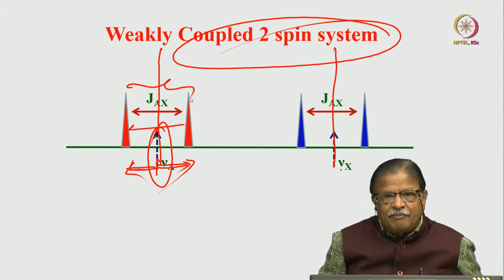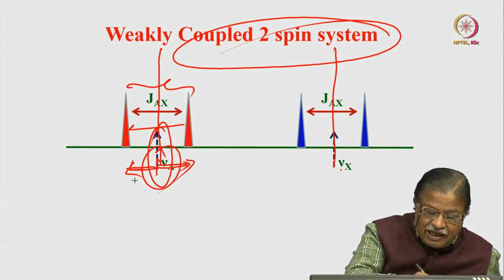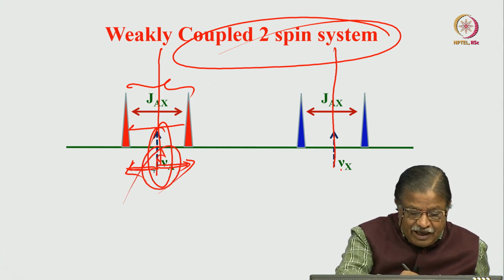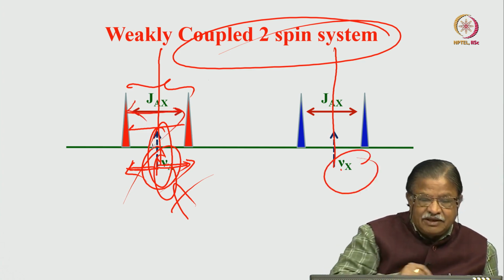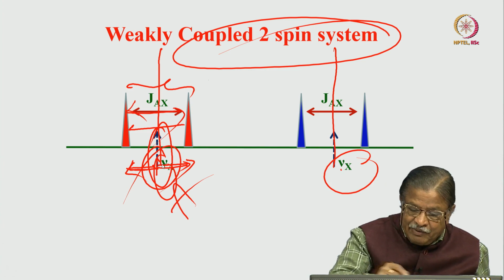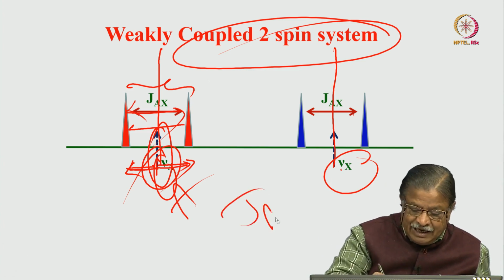It is a scalar coupling, and proton A is becoming a doublet because of X, and if I measure the doublet separation, that gives me the J coupling between A and X. This is called JAX.